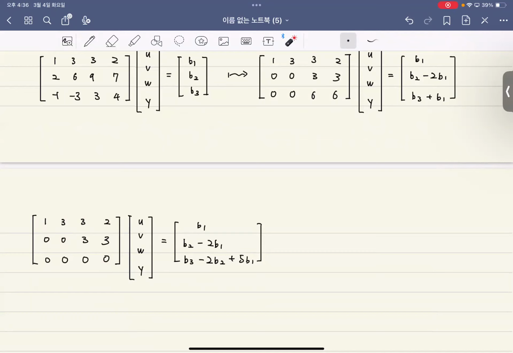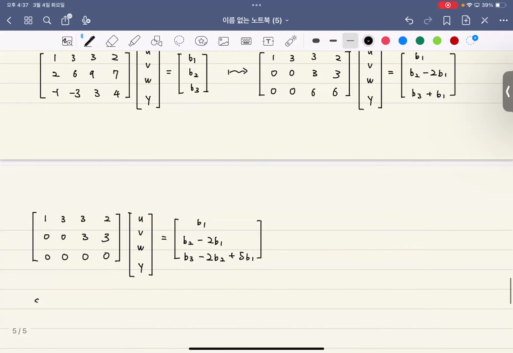Oh, and there is also a very important observation. The last row of this echelon matrix is the zero vector, right? Now, in order to have a solution, I also need this last entry of the right-hand side to equal 0, right?